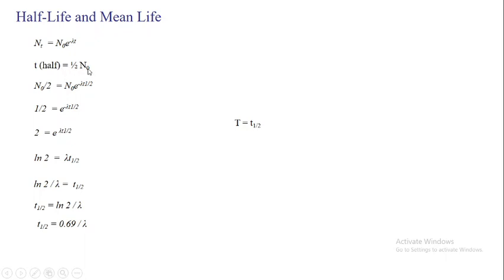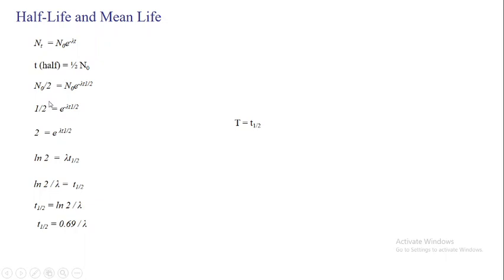So half of the concentration remains after passage of the half-life. So putting the value here, N0/2 is equal to N0 e^(-λ t half).